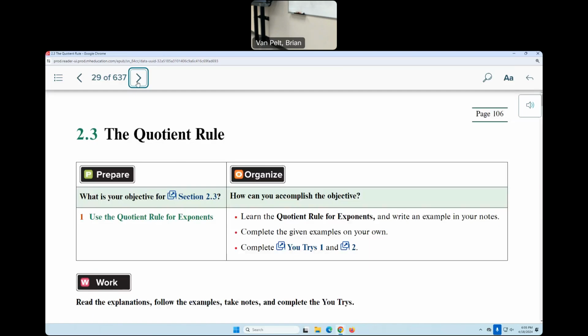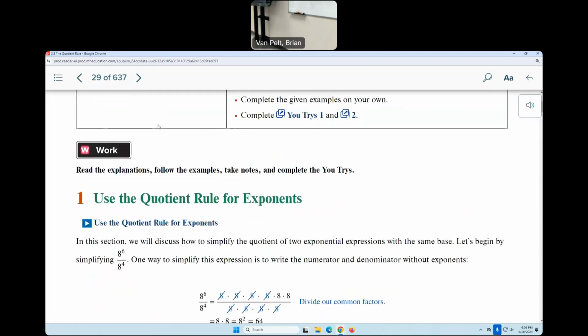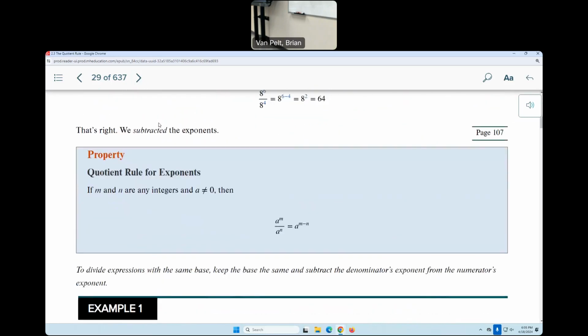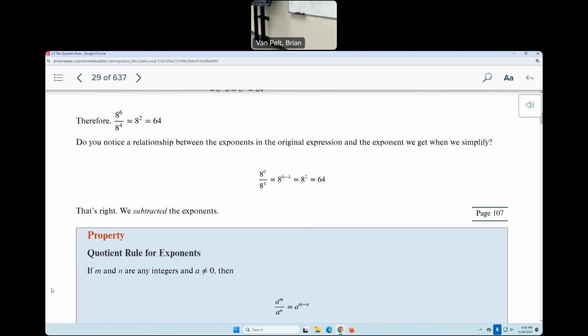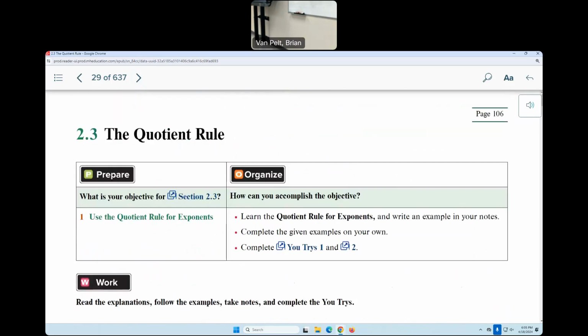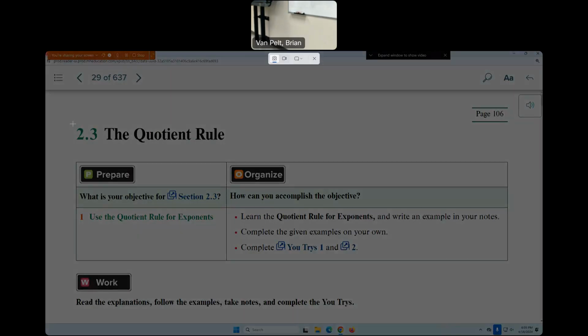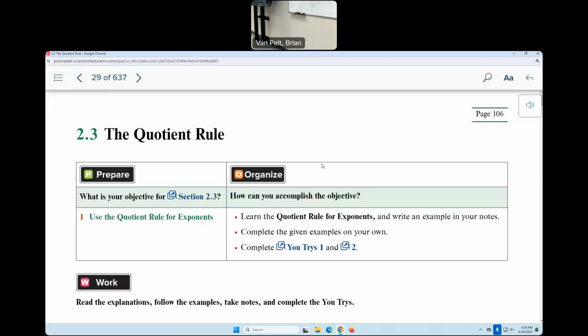All right, so let's go ahead and do the quotient rule. While we're at it, let's find what the actual quotient rule is. Here's what it says. I will pull the quotient rule right out of the book so we can see. Basically, it's one rule, and then we're going to do a bunch of problems to practice that rule.